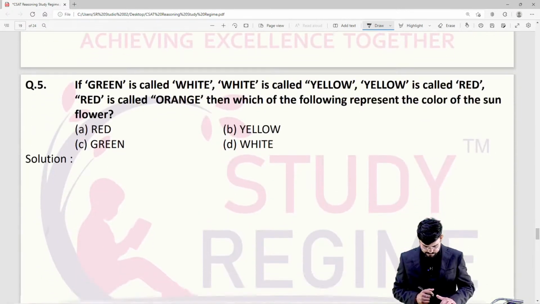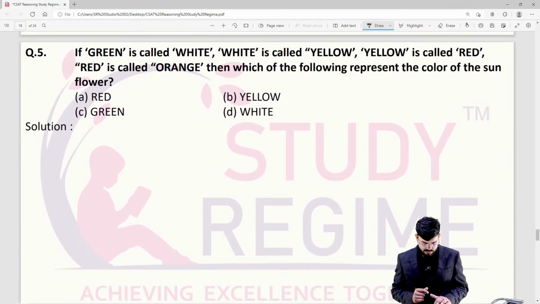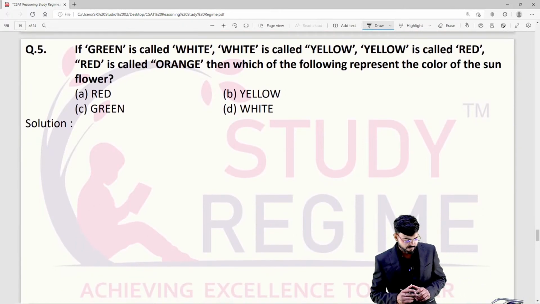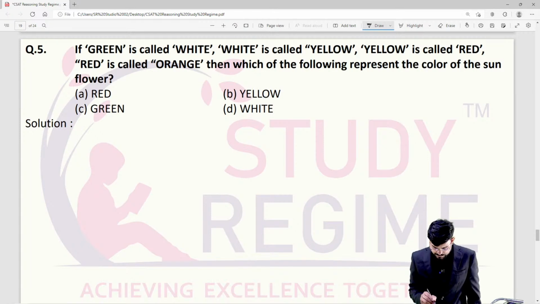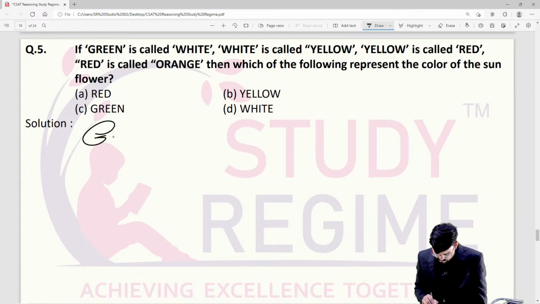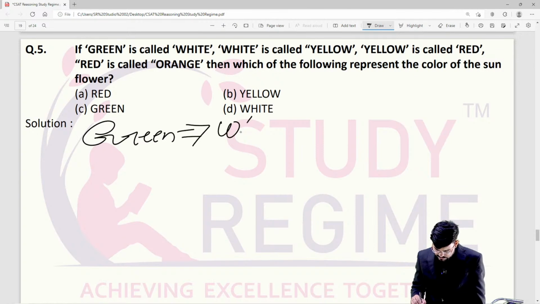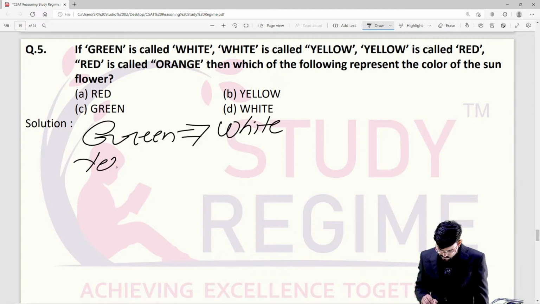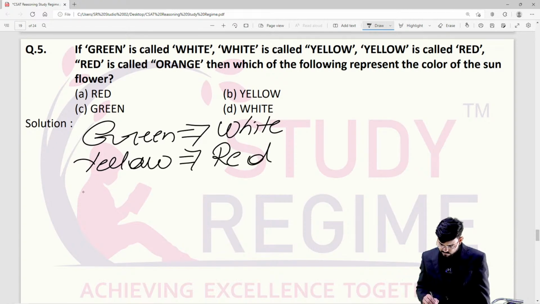Okay. Let's go with the next question, which is the fifth question. Here it is written that green is coded as white. Yellow is called as red.